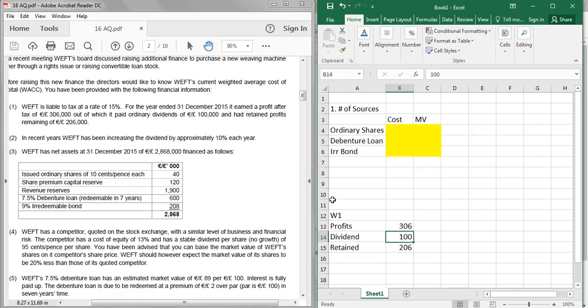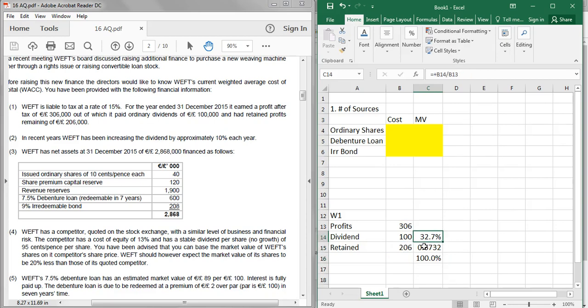What they might tell you is the profits for the year, and they'll say the payout ratio will be 100 divided by 306. So the payout ratio might be 32.7%. Or they could say the retention ratio is the amount you retain divided by the total. So what you know is the total still must come to 100%. So just bear in mind how they'll say that.